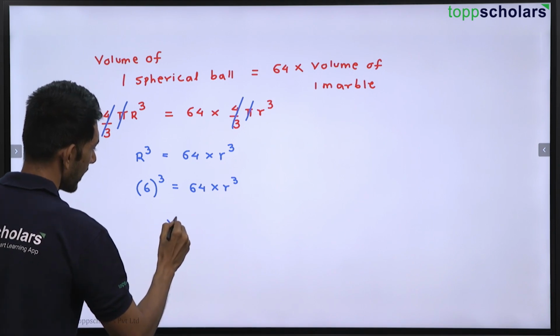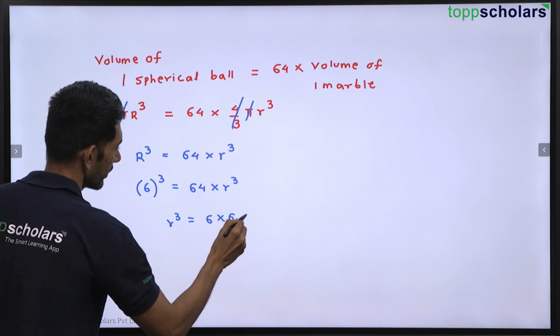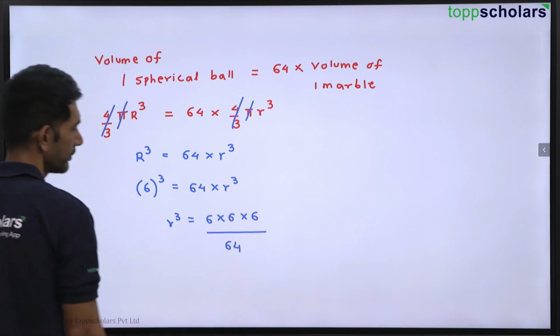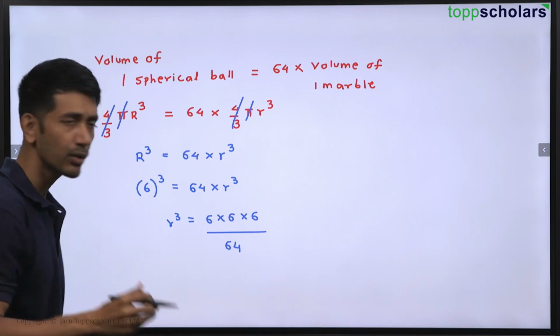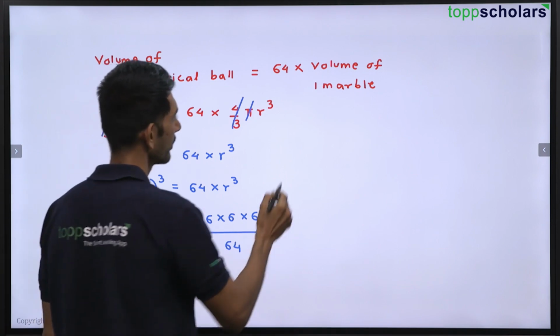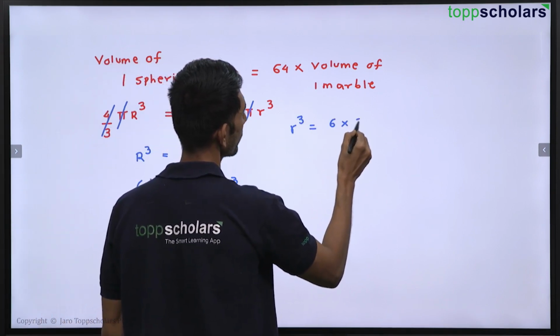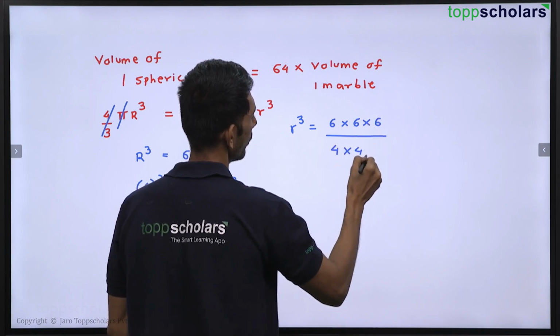So can I say r cube is equal to 6 into 6 into 6 divided by 64, correct? Now see, can I write down 64 as 4 into 4 into 4? Yes. So can I say r cube is equal to 6 into 6 into 6 divided by 4 into 4 into 4.